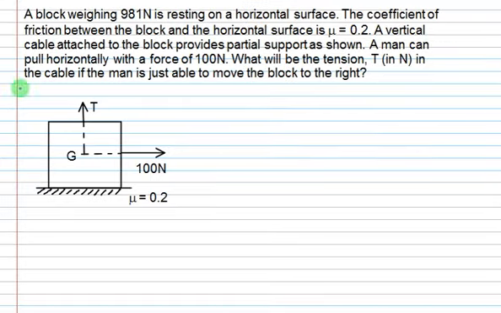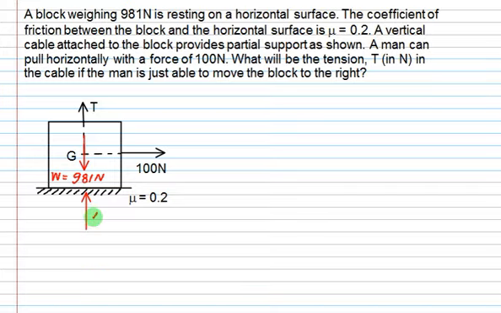So the weight of the block is given as 981. That will act through the center of gravity. The normal reaction will act vertically upward.